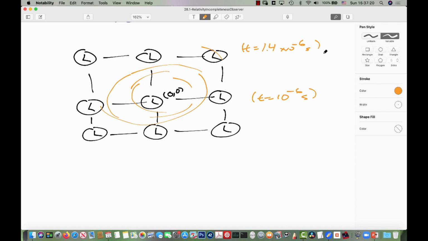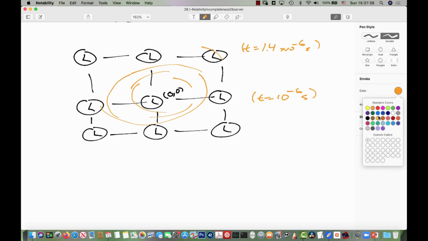So you wait a good long time for the light wave to propagate through the whole lattice work of clocks, and then what you have is a whole collection of clocks that are all ticking over at once. So that's the calibration phase of this.